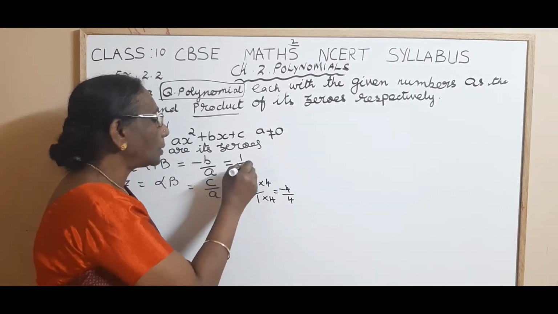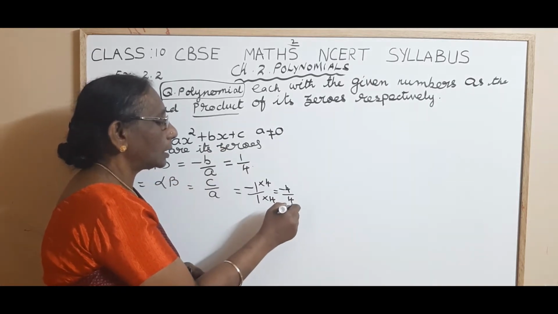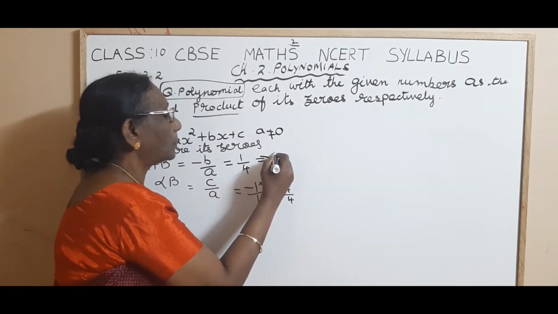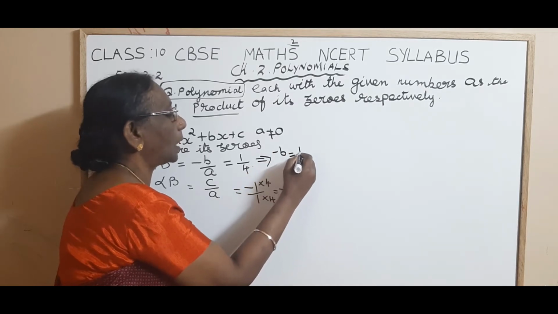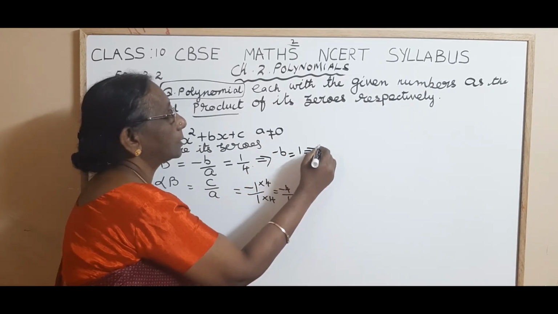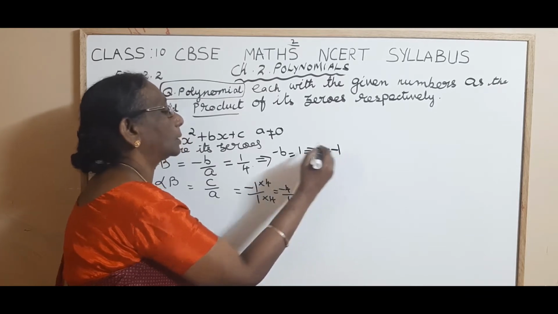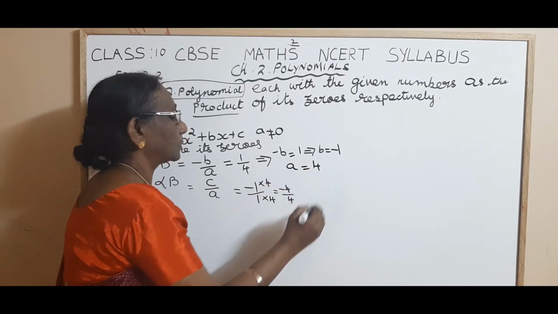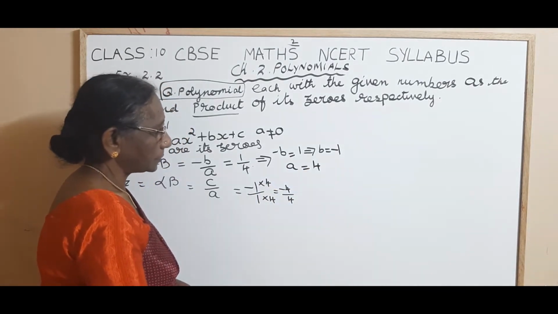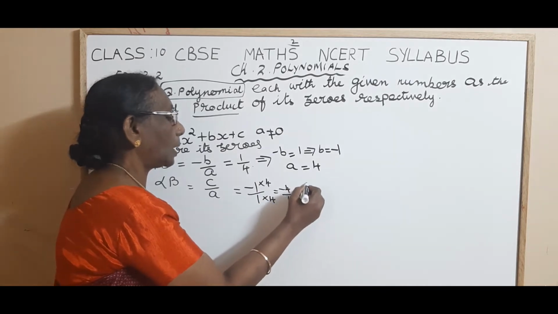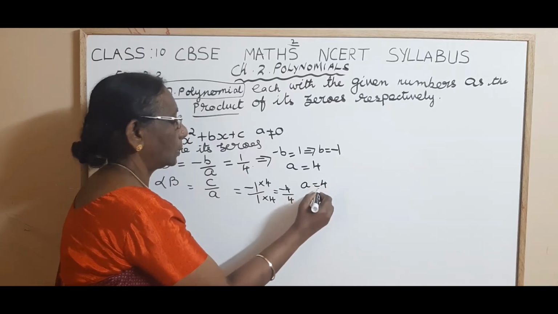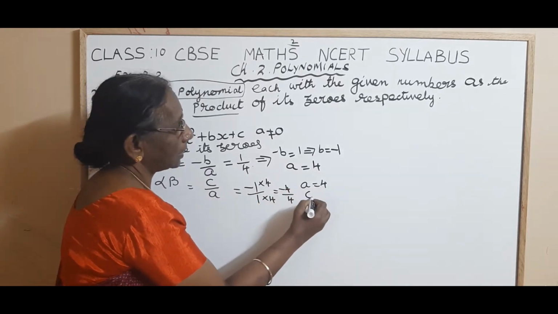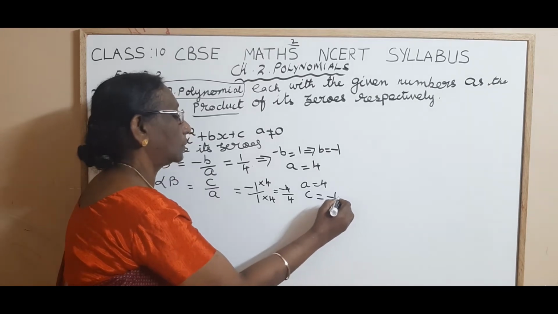Isn't it, children? Now, here also a is equal to 4. Here also a is equal to 4. So, this implies minus b is equal to 1, which implies b is equal to minus 1. And a is equal to 4. Isn't it? And in the same way, here what? A is equal to 4 and c by a, so c is equal to minus 4.